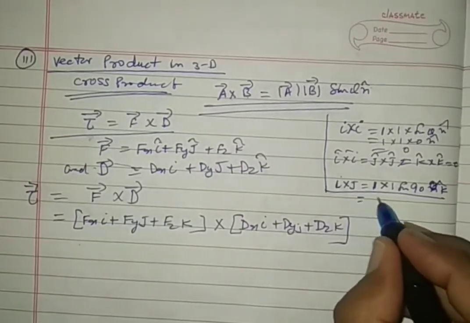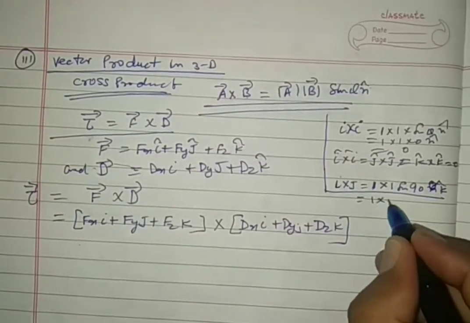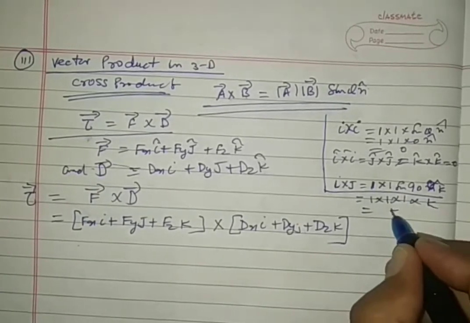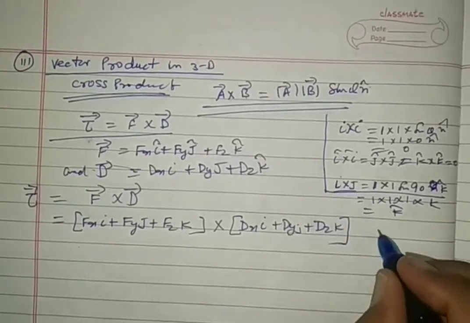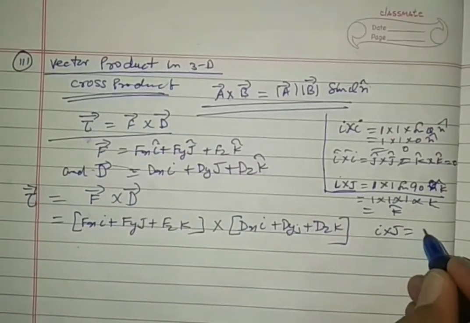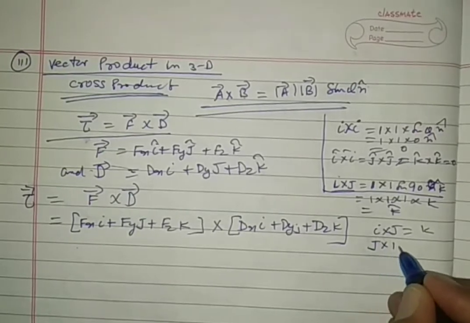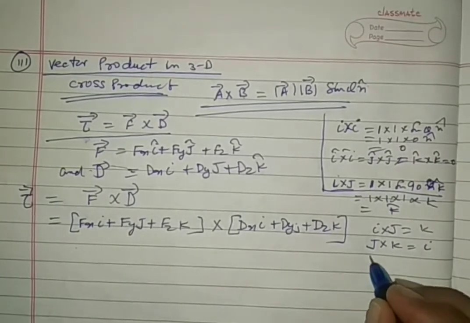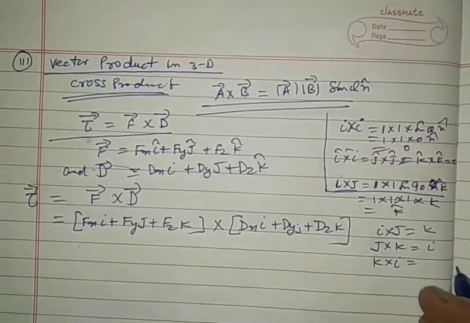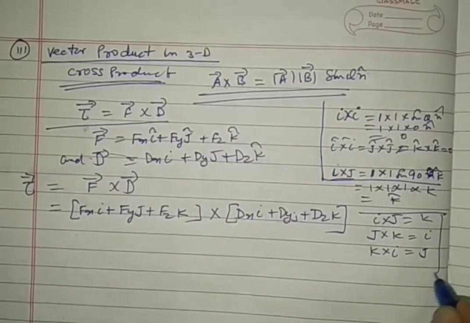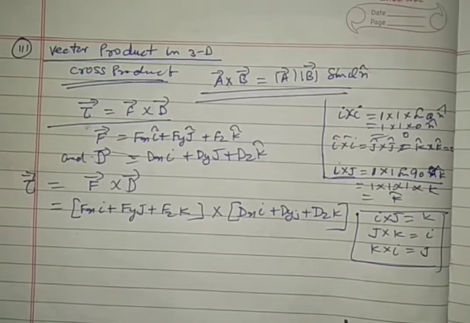So 1 into sin 90, 1 into 1 into 1 into k. This is k. So we can write i cross j is equal to k. It comes in a cycle: j cross k is equal to i, and k cross i is equal to j.